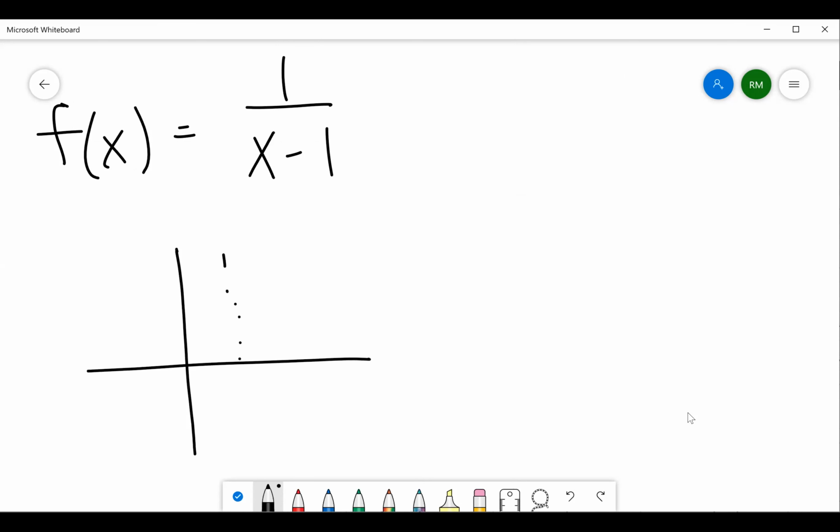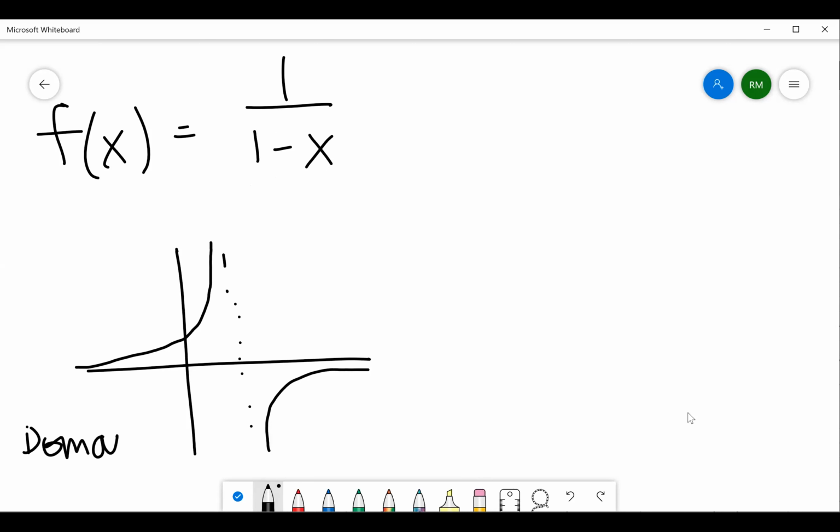There's a vertical asymptote, and the curve goes up like this and over like this. So the domain here is all real numbers except for 1.